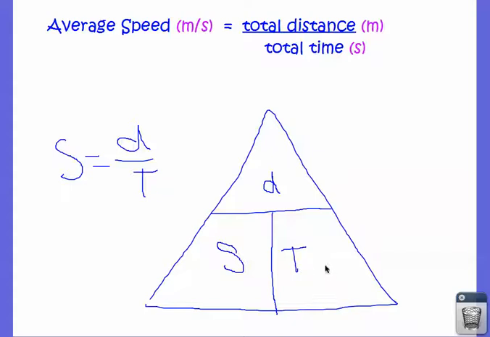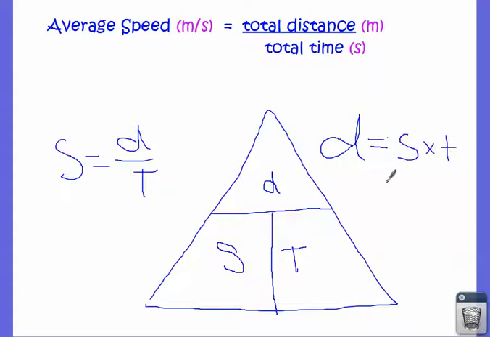So that's one way that we can solve these formulas. And a lot of the formulas you're going to look at this year are going to be this format where something is equal to a fraction. The other format we'll look at a lot this year is going to be something equals 2 things that are multiplied together.